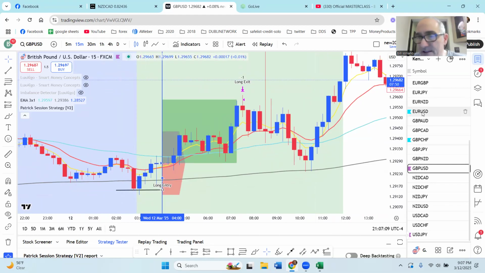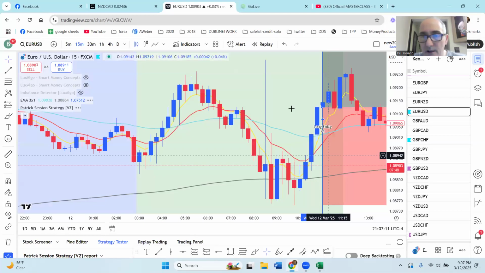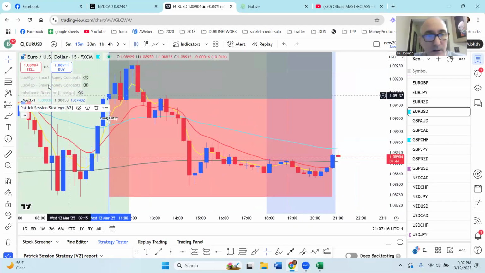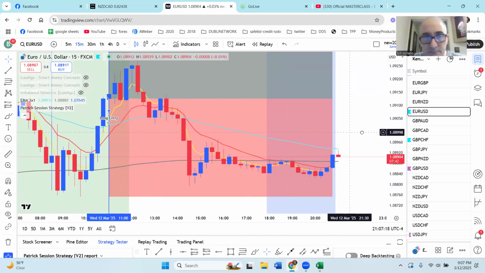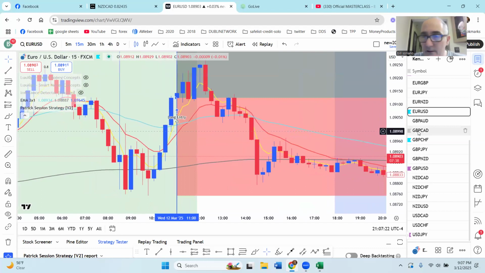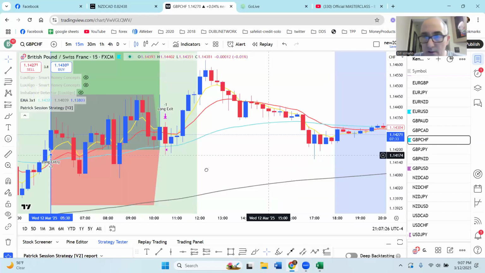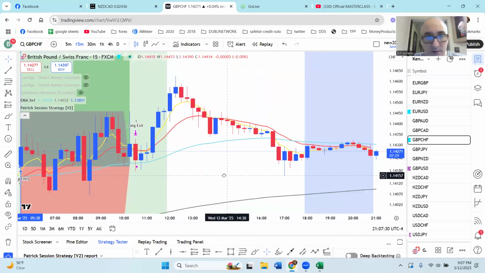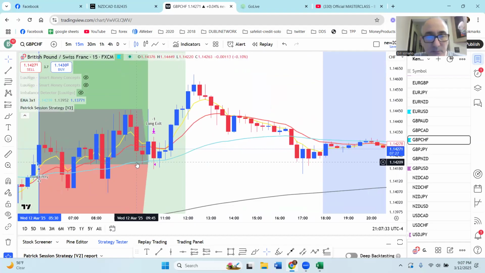So again, these 3 here haven't finished yet. This one here is in drawdown, but it hasn't finished yet, so we'll have to wait till tomorrow. This one here, GBP CHF, is going to be a break even tomorrow.